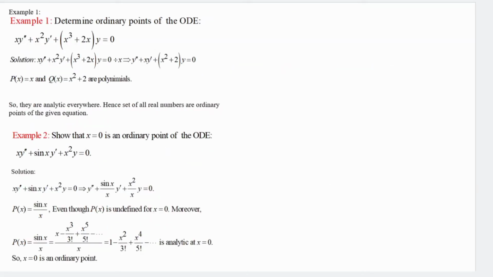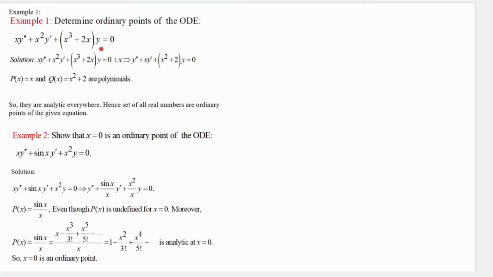So let us consider an example. Here I consider one example: determine the ordinary points of the given differential equation. The given differential equation is x y double prime plus x squared y prime plus (x cubed plus 2x) y equal to 0.